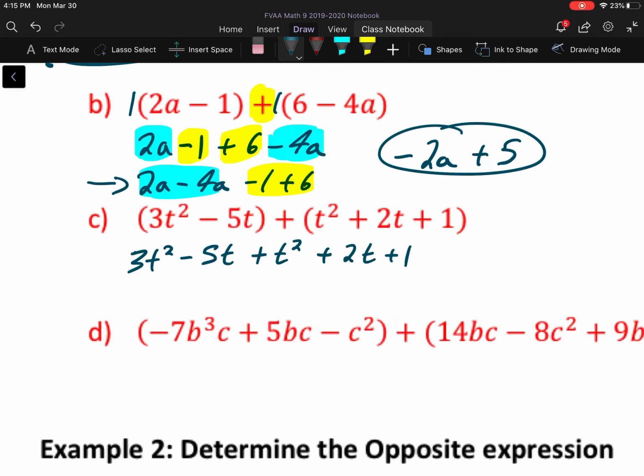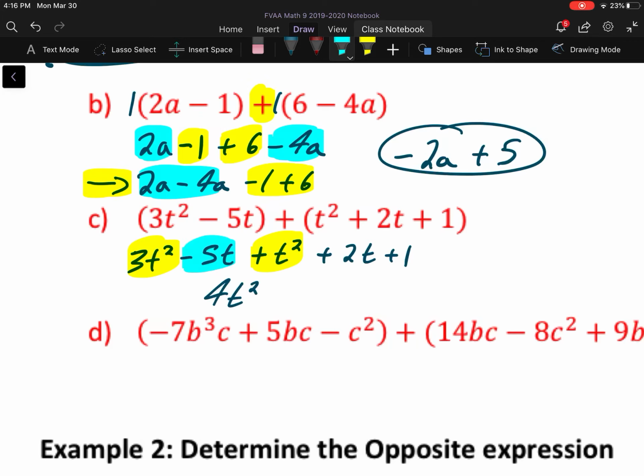So I have all my terms here. I want to start identifying my like terms, grouping them together, and getting the answer. In this stage, I'm not going to rewrite them like I did in this step on the previous question. I'm just going to highlight them and then get the answer right away. So 3t squared plus t squared gives me 4t squared.